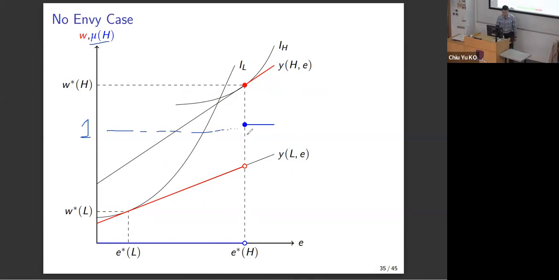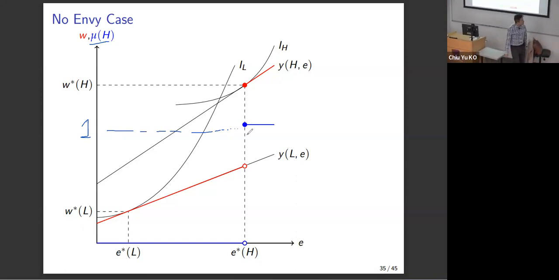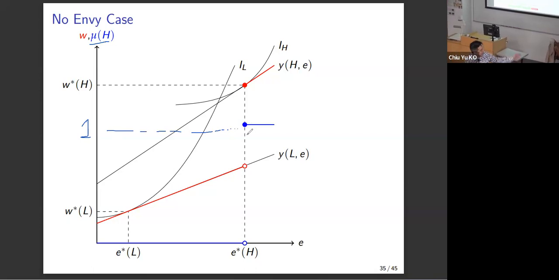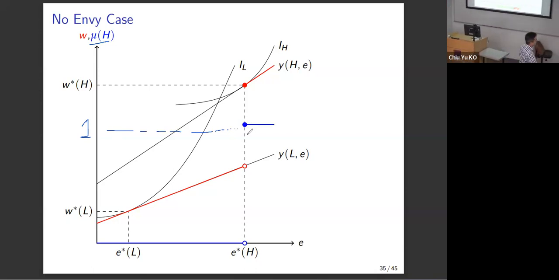Okay, I hope that's clear. Is that okay? Because this is a belief: when I see education below theta E star, then it's a low type, right? Is that clear?